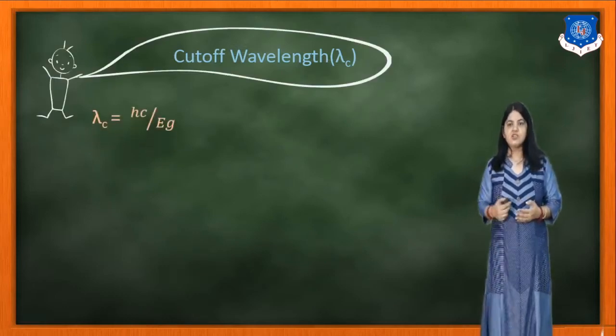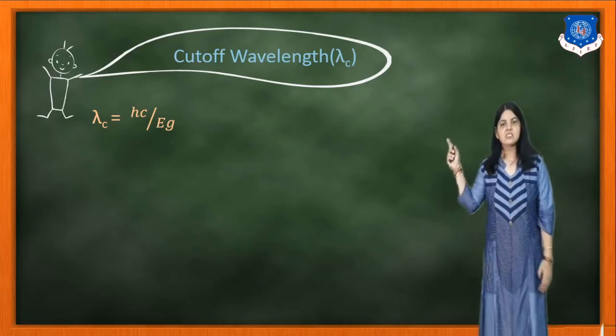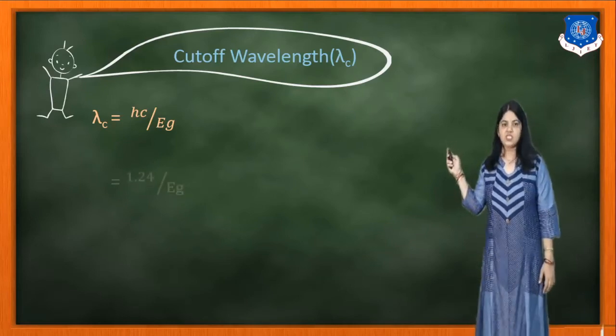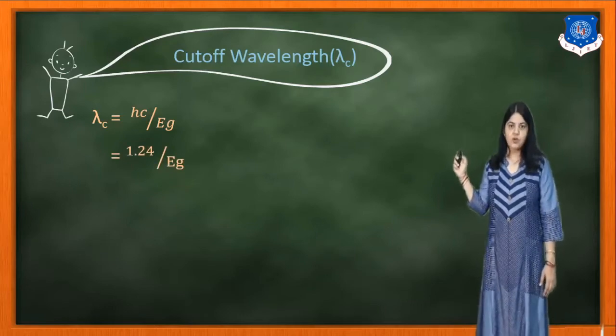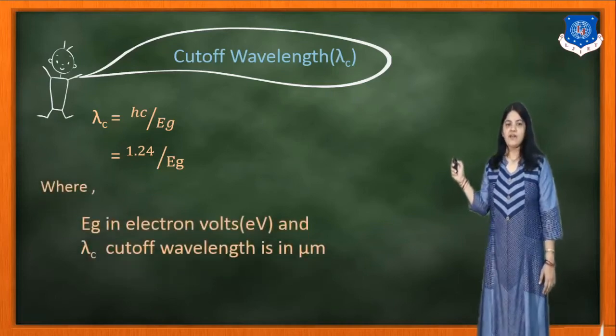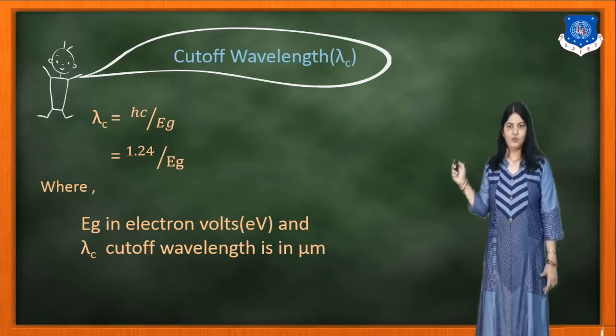The equation is lambda c equals hc upon Eg, where hc is 1.24, so lambda c equals 1.24 upon Eg, where Eg is in electron volts and lambda c is the cutoff wavelength in micrometers.